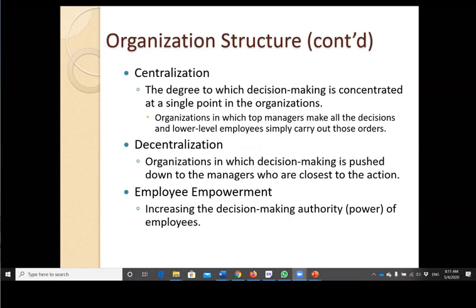And some more elements. Centralization and decentralization are like a couple. They go together. If the level of centralization is high, it means that the level of decentralization will be low.